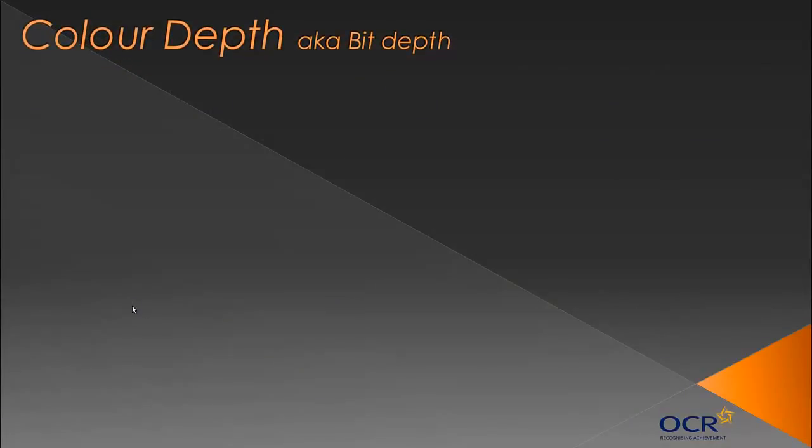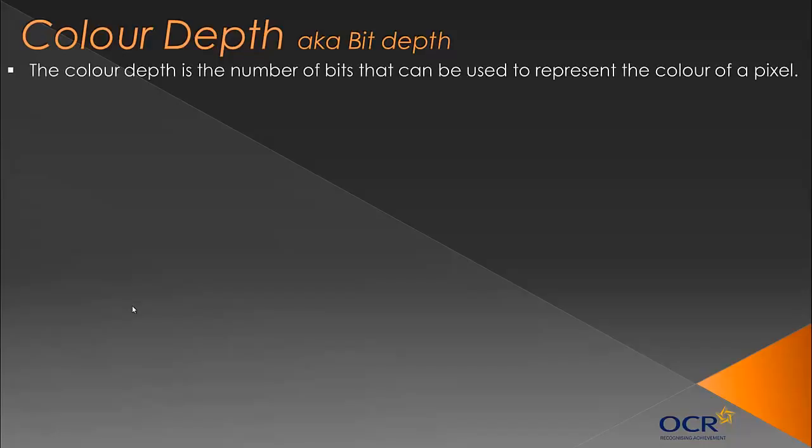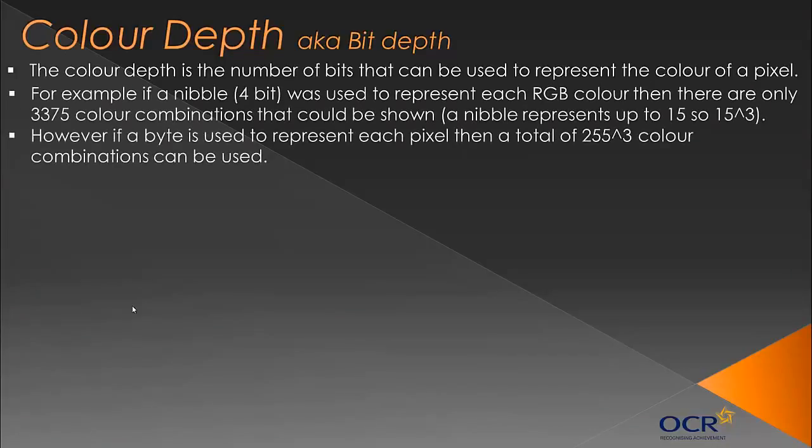So colour depth we've got to look at, and some people call this bit depth. It means the same thing. The colour depth is the number of bits that can be used to represent the colour of a pixel. So for example, if a 4-bit depth was used to represent each RGB colour, then there are only 3,375 combinations that can be shown.